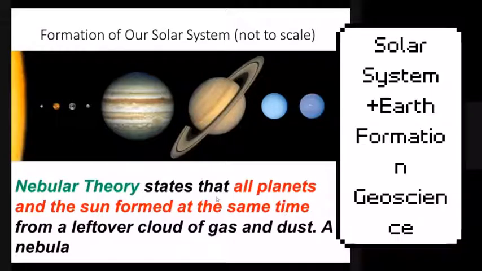Gas coming together, rocks slamming into each other. It's not neat and ordered when it comes to nebular theory. And here's another thing too. It probably wasn't just the planets you see here. It was probably a whole bunch of other planets that some of them ran into the sun, some of them crashed into other planets, some of them got flung out of the solar system.